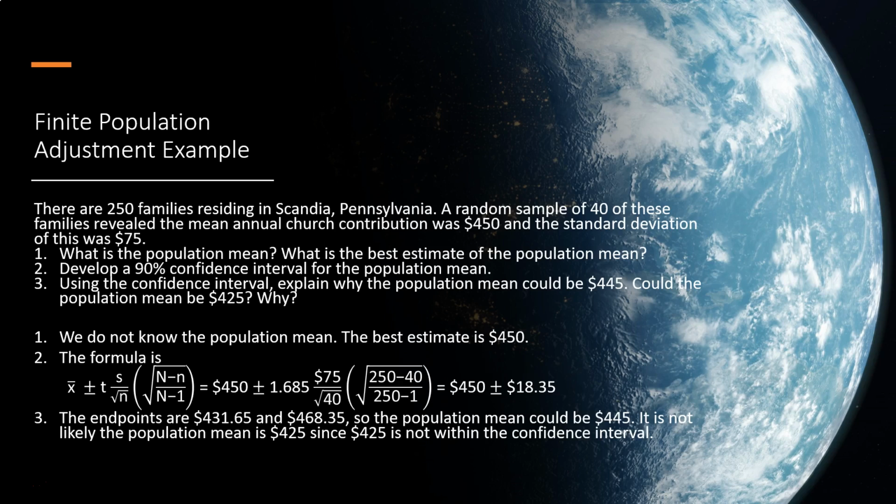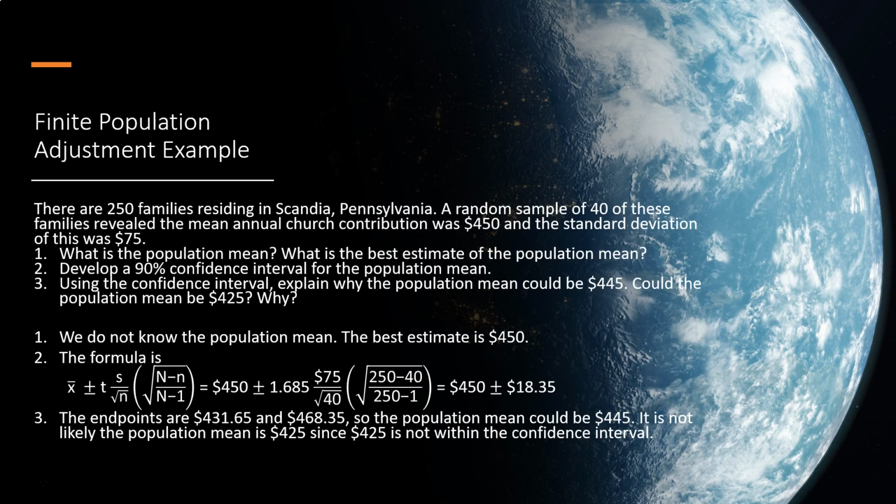So if you go to your handy dandy t-table, you're going to move across the top row to 0.05 and then move down the rows of degrees of freedom to 39, because we have 40 in our sample, so we have 39 degrees of freedom. And you should find that your t-value is 1.685.